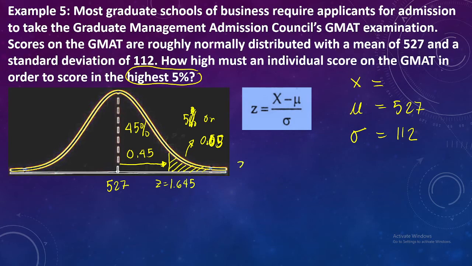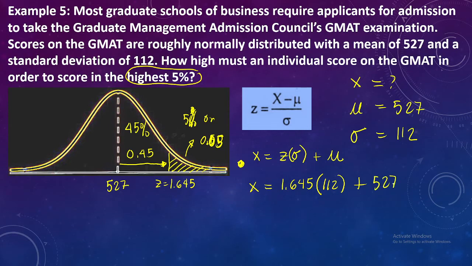Take note, our formula, if we want to solve for x, is simply the z times the standard deviation plus the population mean. So x is simply, the z is 1.645, multiply that by 112 plus 527.